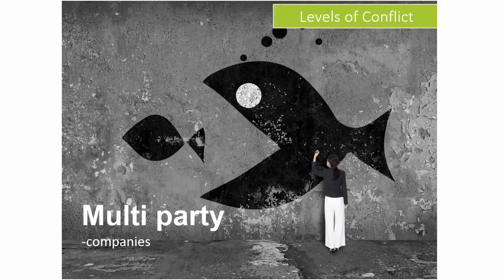So when you're looking at levels of conflict and focusing on multi-party companies, or the example that we're giving, mergers and acquisitions, it's very important to understand the levels of conflict that can play in this type of action, and to ensure that you at least acknowledge that this can take place.